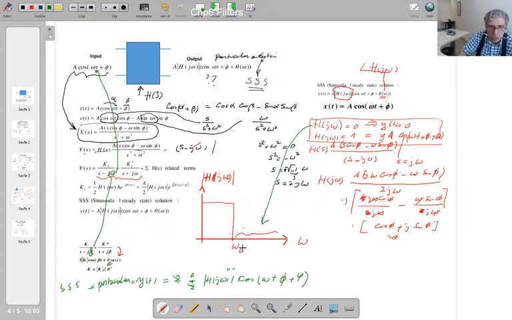If omega is bigger than omega c, then I am not going to see anything at the output. If the modulus of H(j omega) is equal to 1, which is this area here, I'll make it blue, that means when omega is less than omega c, your transfer function modulus is equal to 1, then you're going to see that output.